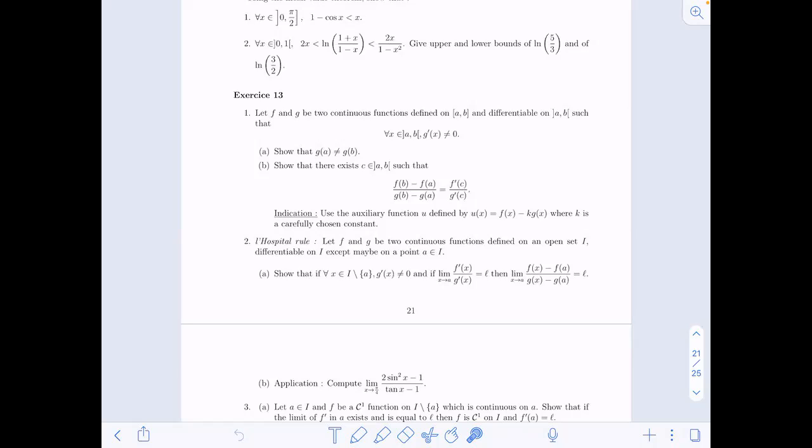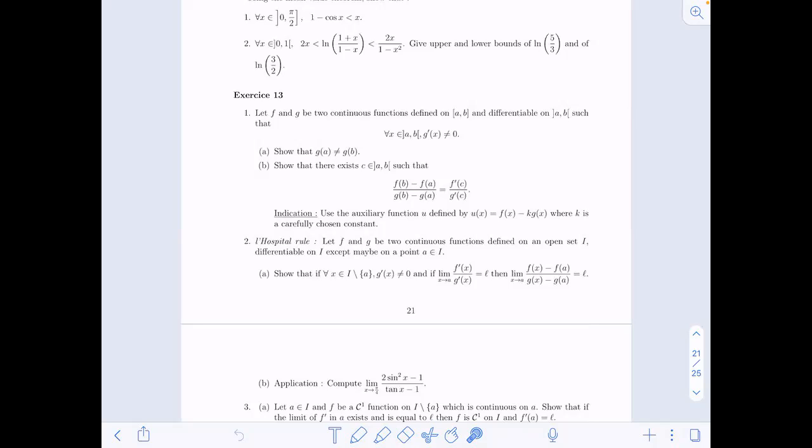And in the first part, what we're going to do is look at a set of assumptions on 2 continuous and differentiable functions. And we're going to consider them such that the derivative never cancels out on (a,b). And we're going to prove that g(a) is different from g(b).